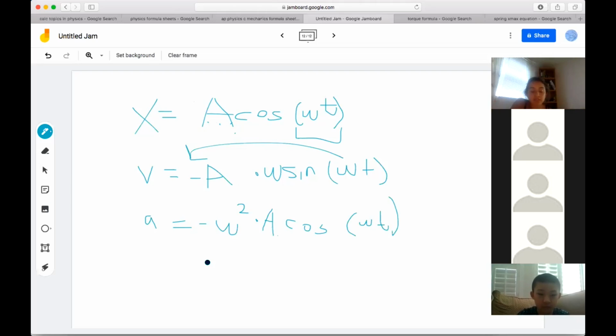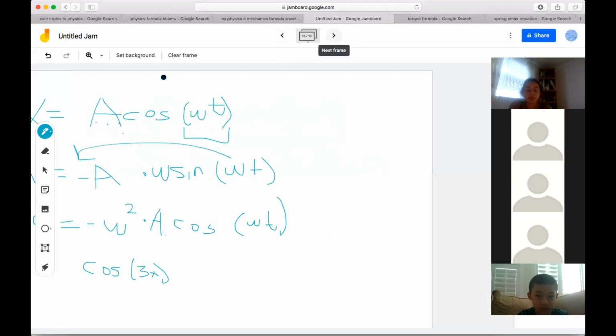When we have the derivative of cosine of 3x, you keep the inside and then multiply by the derivative of the inside. I'll show you how that's done. You don't have to really memorize these formulas, but it is a lot easier to memorize them. It's cosine, sine, cosine. A stays the same, it becomes negative, negative, and then there's a W squared here. So now let's move on, making sure we know all the derivatives.